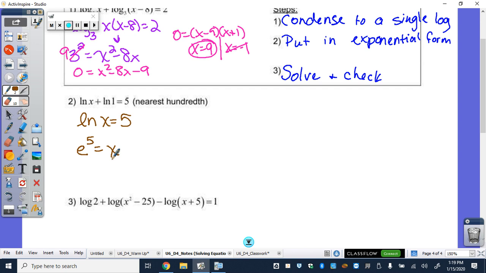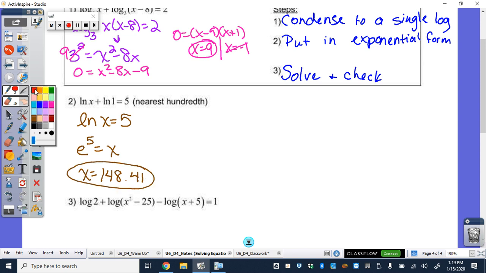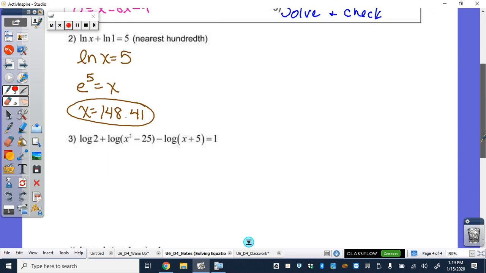So e to the 5th equals x. Type that in. What is e to the 5th rounded to the nearest hundredth? 148.41. Our e to the 5th would be our exact value if they had asked for it, and then 148.41.